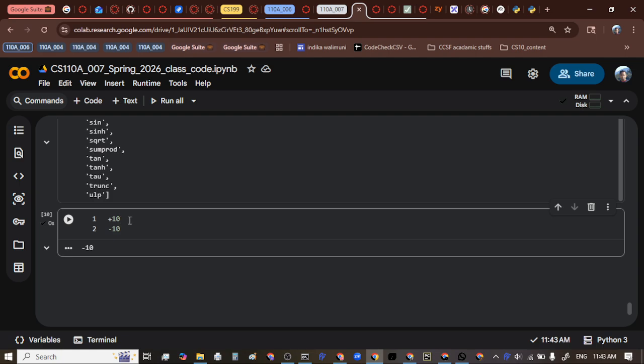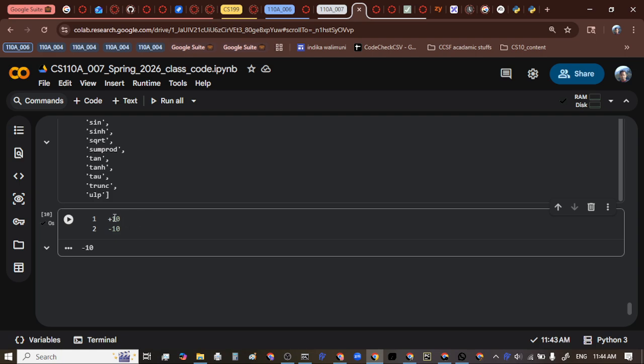So this is an operation. How many operands do we have for this operator? I think we didn't discuss that, so I'll take it back.